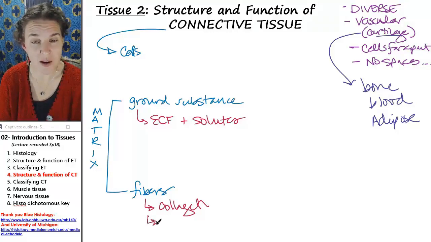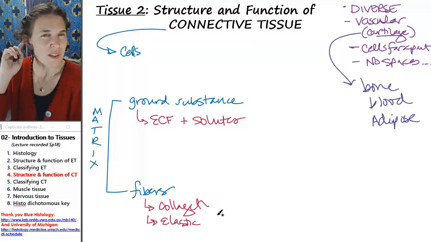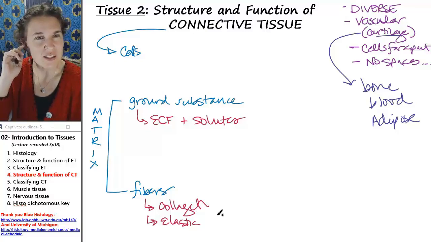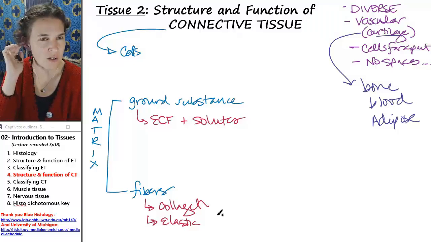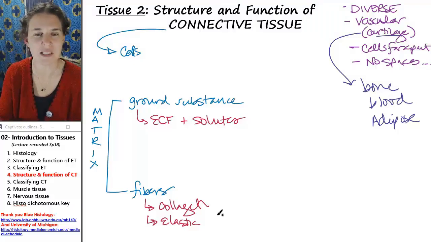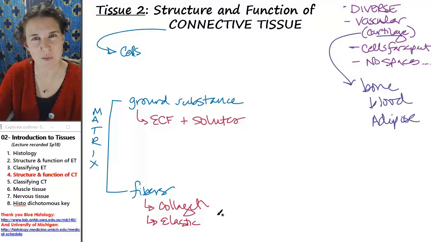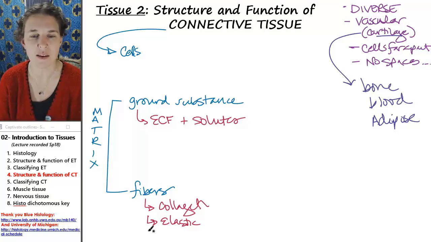Collagen is one fiber type. We also have elastic fibers. There's elastic cartilage that is found in your ear and the tip of your nose. The cartilage found in those places is elastic. That just means that there are these elastic fibers running through the extracellular matrix.